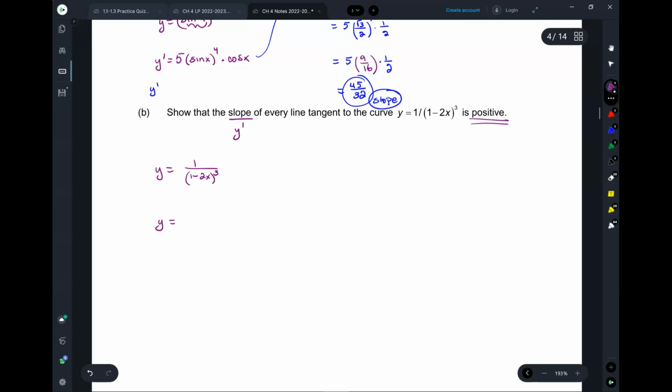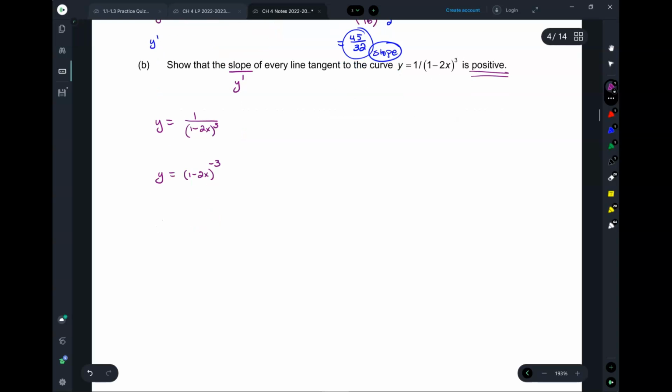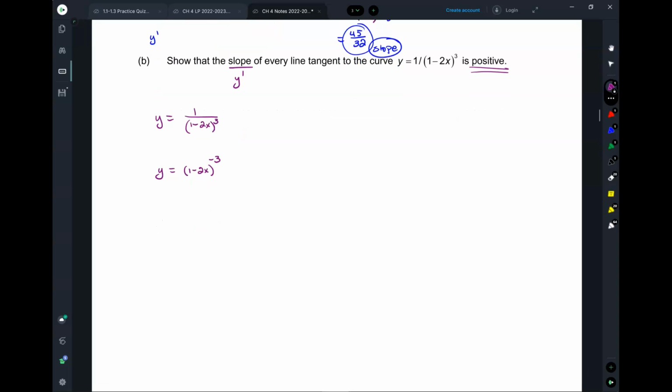Let's rewrite this as 1 minus 2x to the negative 3, because it's easier to take a derivative. Y prime is, bring this down, subtract 1, times the derivative of the inside is 0 minus 2, so that's just negative 2.